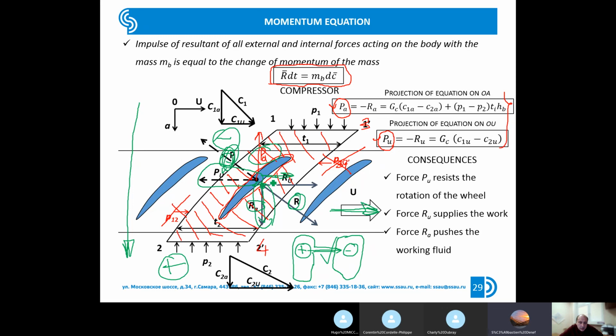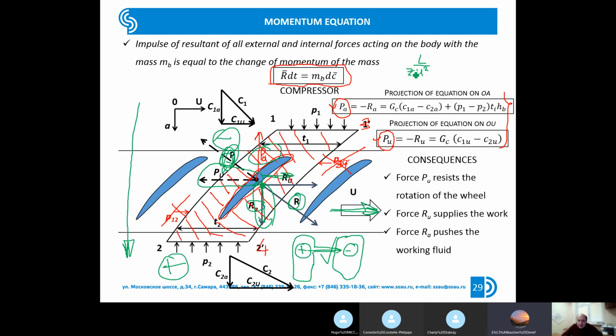L is the specific work of the compressor, but what is Z? So you mean L divided by U squared, this one? And Z is the number of stages?